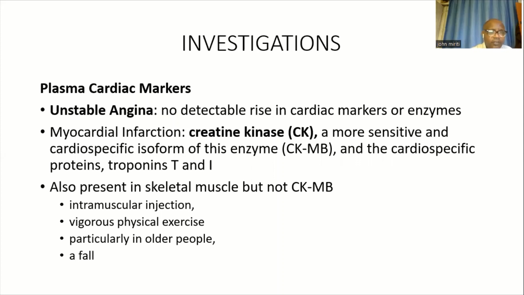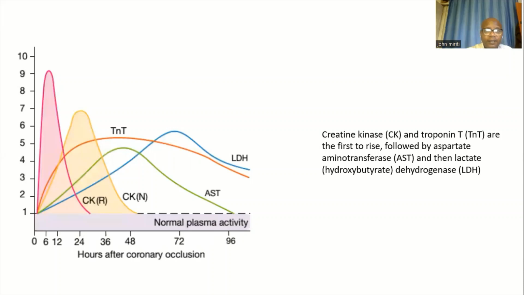The differential diagnosis includes intramuscular injections, vigorous physical exercise, and particularly old people and people who have fallen down. That is how these enzymes appear with the onset of acute coronary syndrome. Again, when interpreting this test, you should know the history of the patient so that you know at what point you are dealing with this acute coronary syndrome.